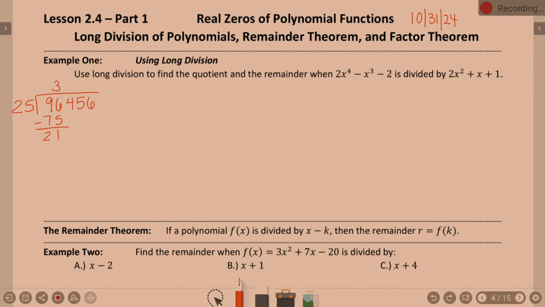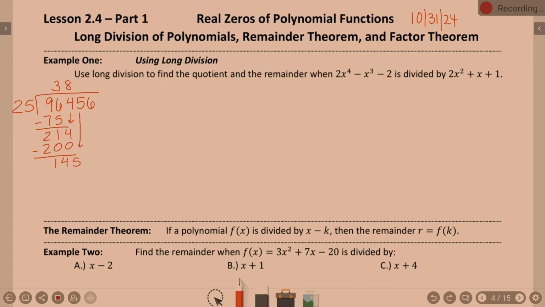Now what? Bring down that 4. How many 25s in 214? 8. 4 quarters is $1, so 8 quarters is $2. 8 times 25 then is 200. 214 minus 200 is 14, and then 145.